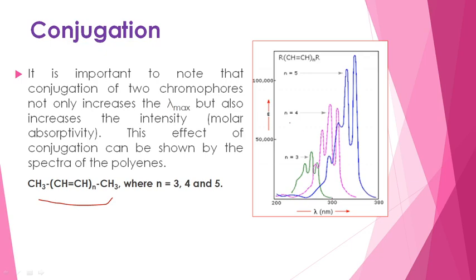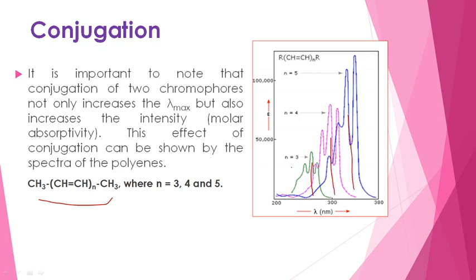For the 4 conjugated double bonds, you will get the pink color peak. If suppose you substitute 5, then for the system containing 5 conjugated double bonds, you are finding the absorption peak. That means on increasing the number of double bonds present in the system, you are finding the increase in lambda max.